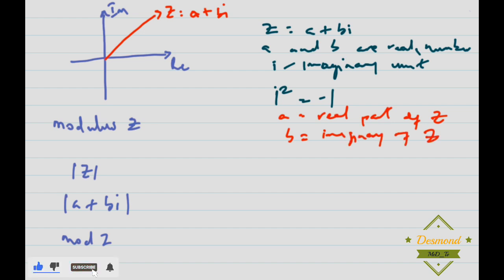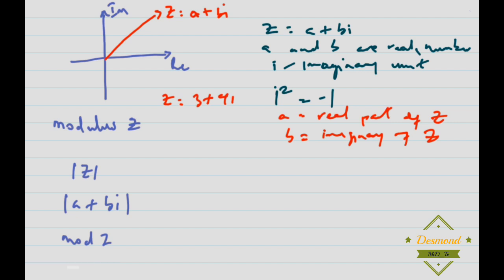So if you have a complex number like z equals 3 plus 4i, our a here is the real part, and the 4 here is the b, which is the imaginary part of the complex number. Now let's talk about the modulus of a complex number.